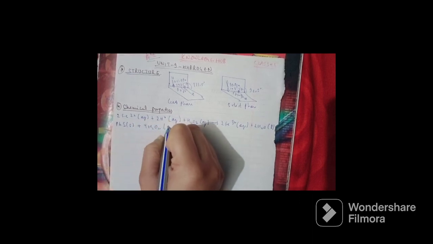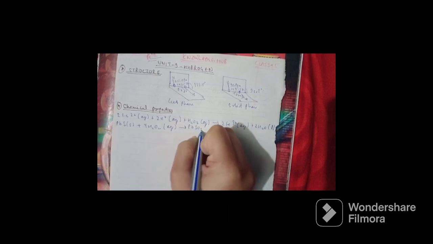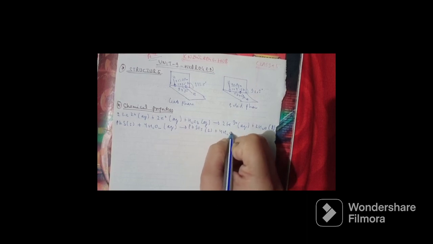PbS solid plus 4H2O2 aqueous will give PbSO4 solid plus 4H2O liquid. Now we talk about another important one, which is the reducing action in acidic medium.